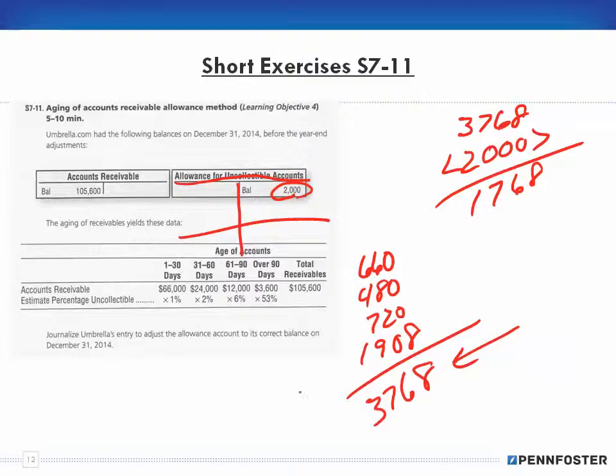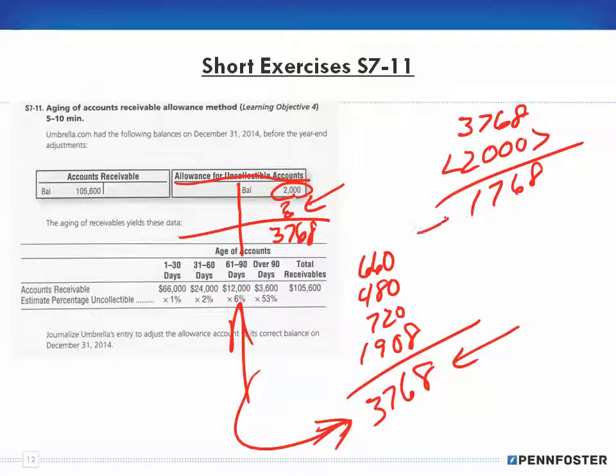Well, we did the new calculation. We said, based upon this aging, we should have a balance of $3,768 in our allowance for uncollectible accounts. Well, we have to make an adjusting entry to get it to that amount. We're going to back into that amount. So we subtract one from the other, and we determine we have to make the entry for $1,768.